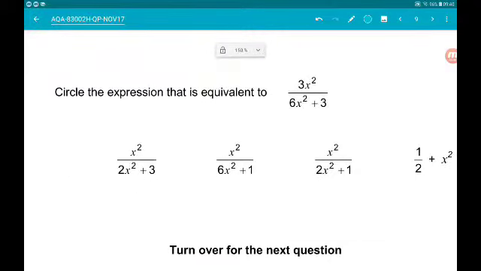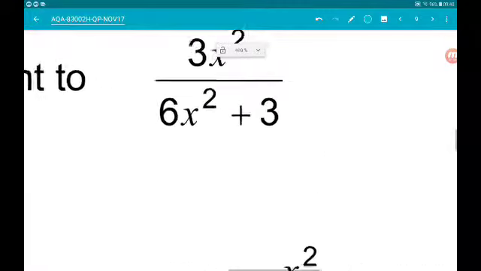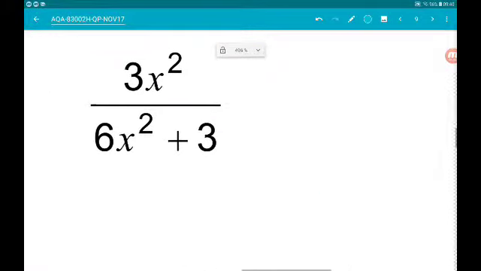Question 11 wants us to circle the expression that is equivalent to 3x squared over 6x squared add 3. So there is one common factor running through this, which is 3.